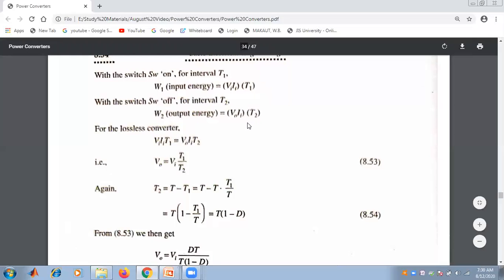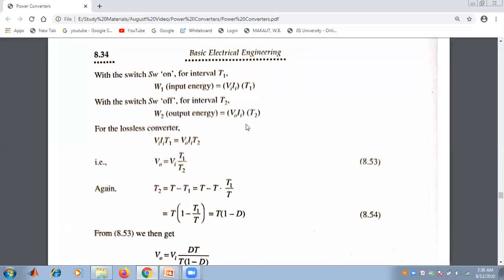Putting those values of W1 and W2, we get that output voltage Vo is equal to input voltage multiplied by T1 by T2. So we all know that T2 is total time period T minus T1.